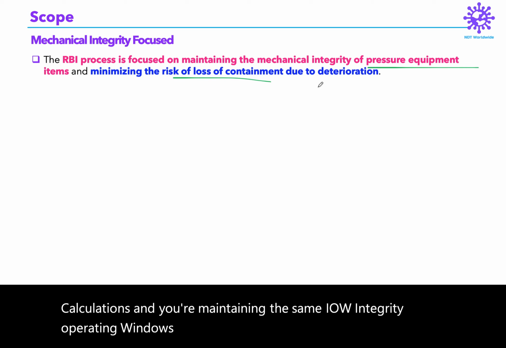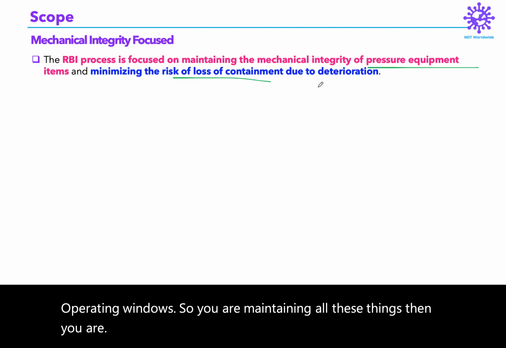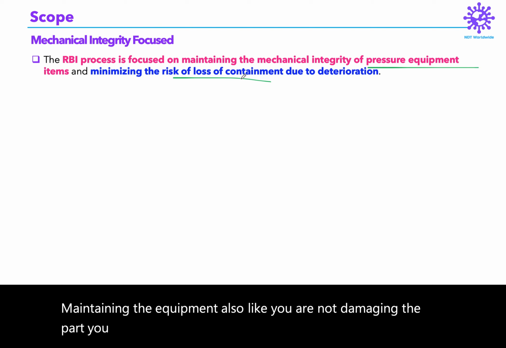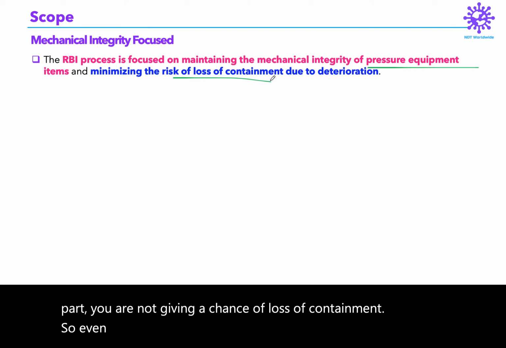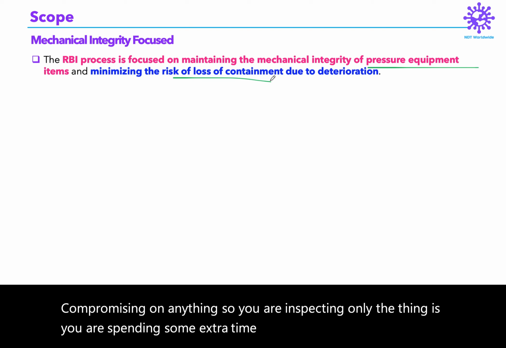You are maintaining the equipment also, so you are not damaging the part, and you are not giving a chance of loss of containment. Even though there is a loss of thickness, you are not compromising on anything. The only thing is you are spending some extra time on inspections, the on-stream inspections.